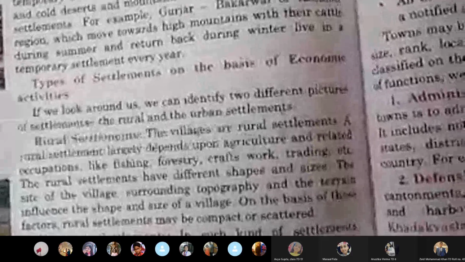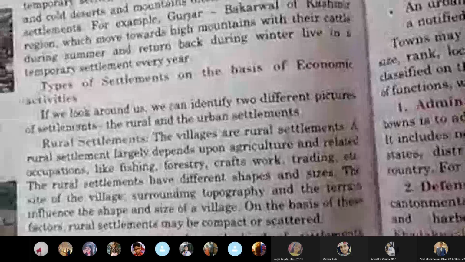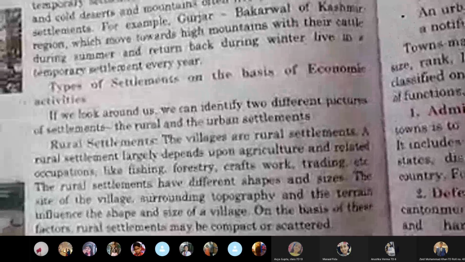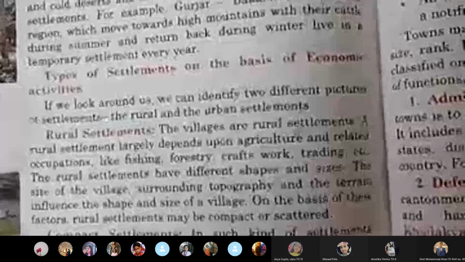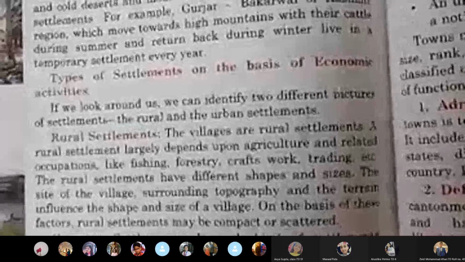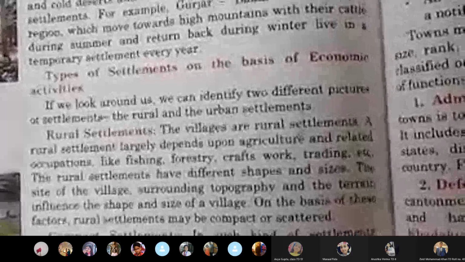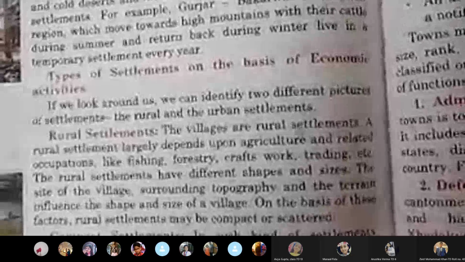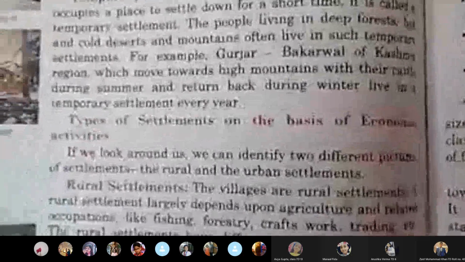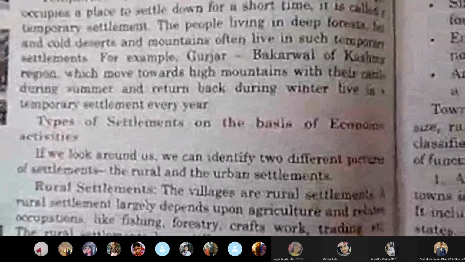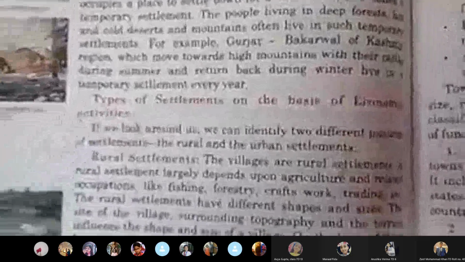For example, they have given you the Gurjars or Bakarwals of the Kashmir region, who move towards high mountains with their cattle during summer and return during winter, living in a temporary settlement every year. These people living in adverse parts have to keep on changing their houses according to the climatic changes. Okay, so these are temporary settlements.